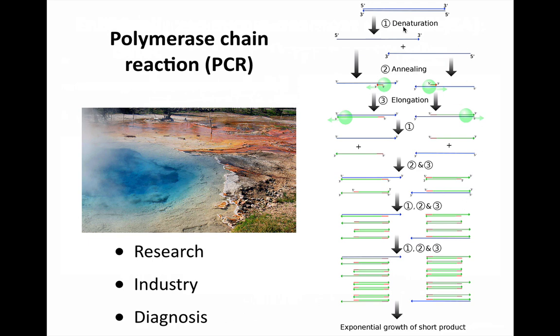The other revolutionary part of this procedure is that it employs a DNA polymerase that is heat stable, because there are cycles of denaturing, annealing, and elongation. The denaturing happens at 100 degrees, and so these enzymes have to be stable. And it was made possible by initially the discovery of bacteria that grow in hot springs.